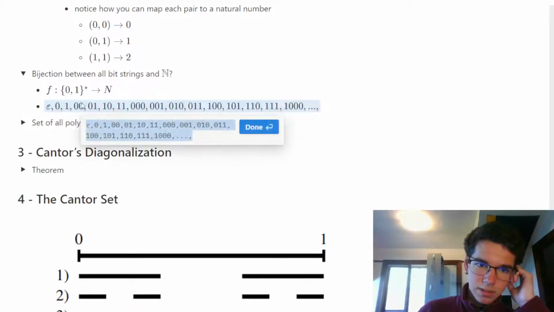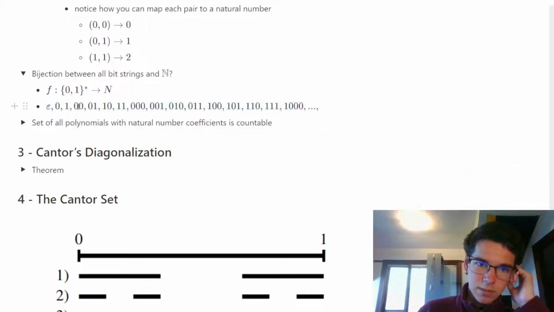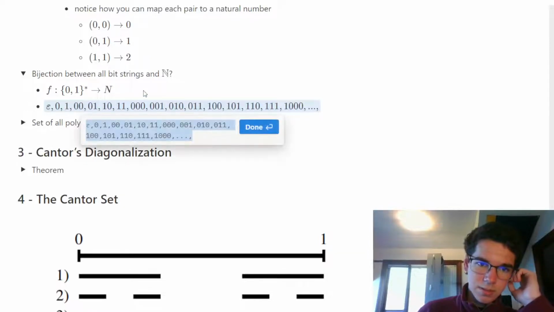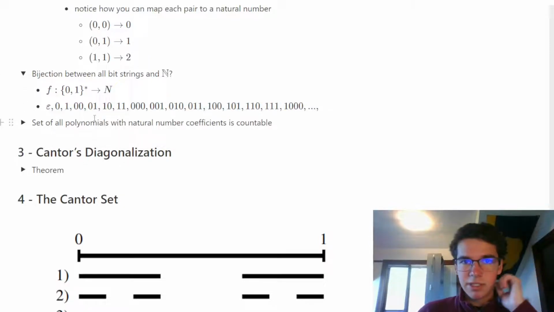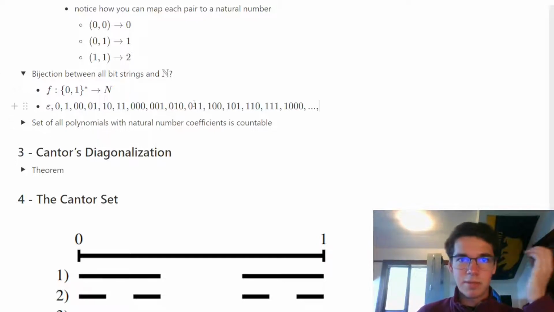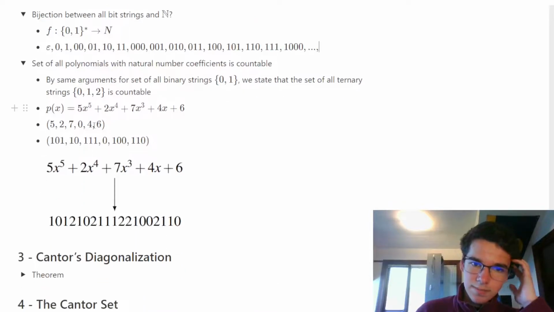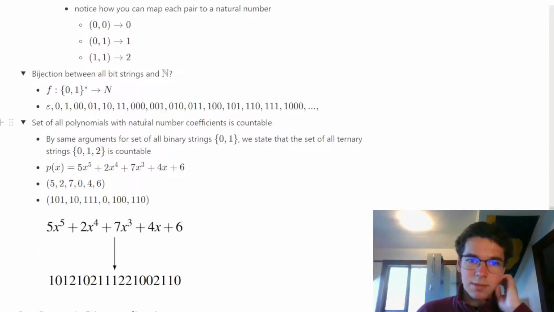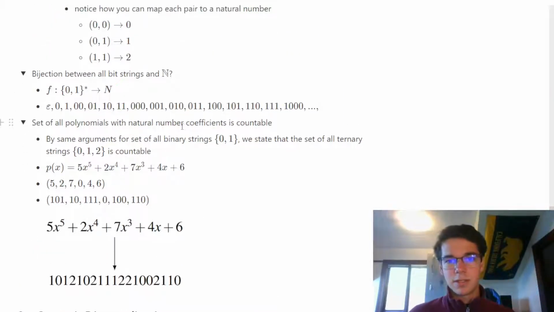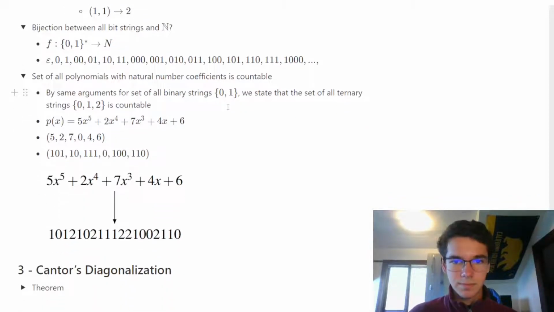And this symbol right here, I don't remember what this letter is called, but it just represents the empty set. So set of all, so yeah, we can basically just create a one-to-one mapping like we've been doing for all of the other sets. And now we're going to show that the set of all polynomials with natural number coefficients is also countable.